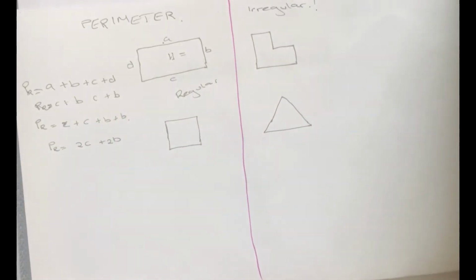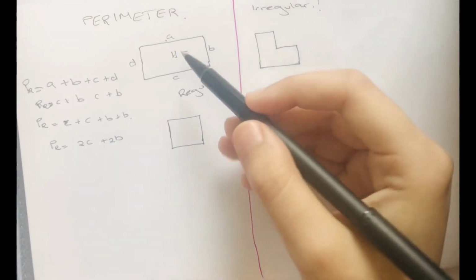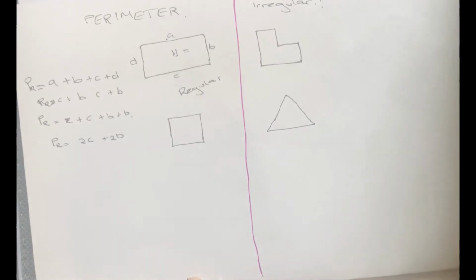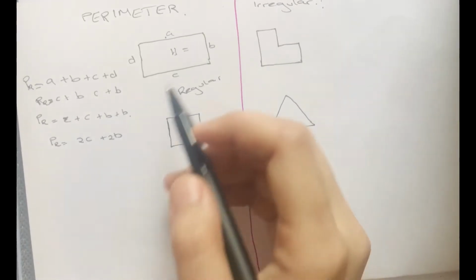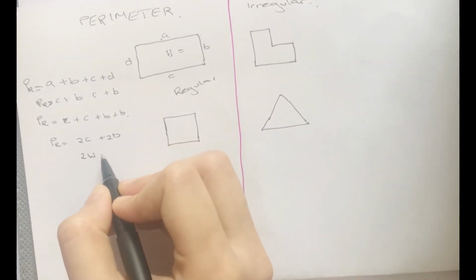Okay? But I also mentioned this before, if you remember, that A is equal to C and they're both the width of the rectangle. So 2W. W is for width.